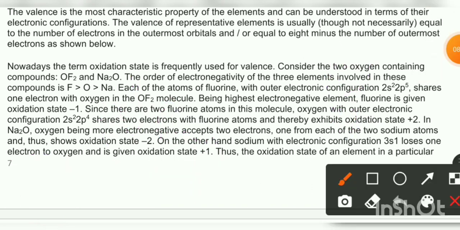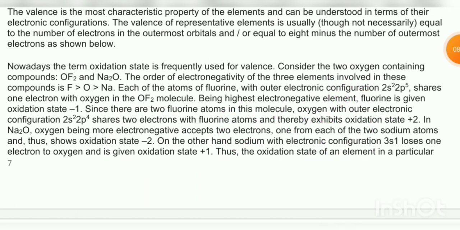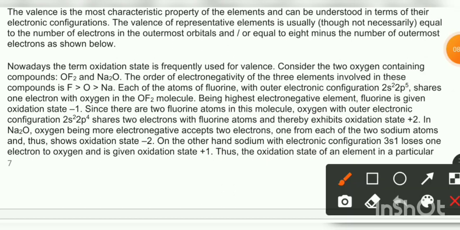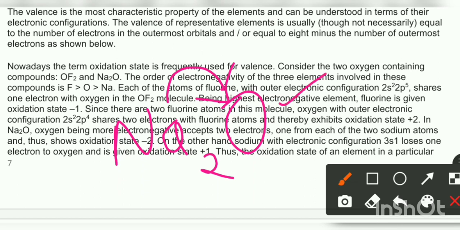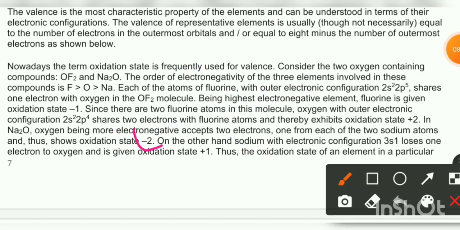Oxygen is more electronegative, so each oxygen atom tries to take 2 electrons, attracting the shared pair of electrons towards itself. When 2 electrons move towards oxygen, the oxidation state is minus 2 because of gaining 2 electrons.